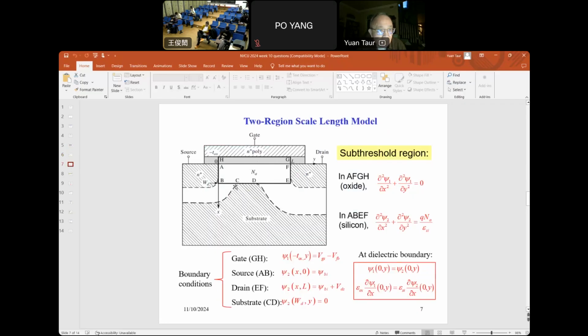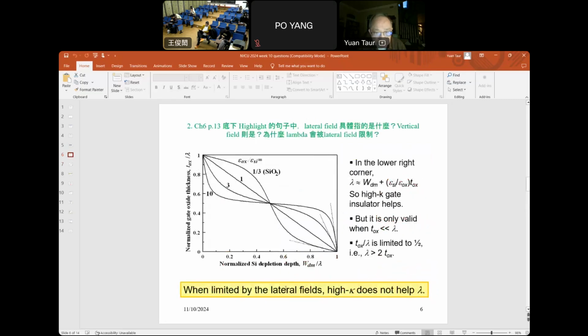Okay. So that's why when oxide is thick, the lambda becomes independent of epsilon of oxide.